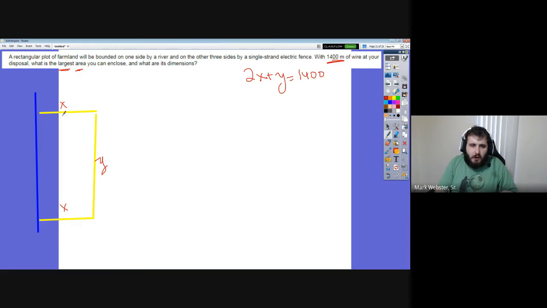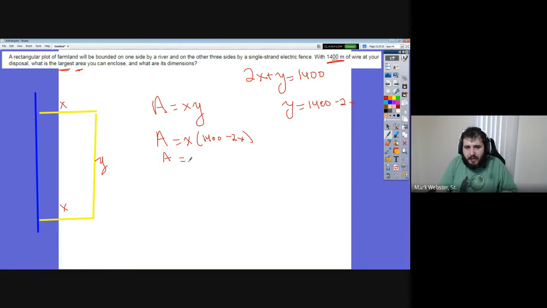So what we know is that the area, which is X times Y, well, we got to get rid of that Y. So let's solve for Y. Let's put that in. And again, I'm going to distribute to make my life easier. Bring it down. Find the derivative, set it equal to 0. Solve for X.